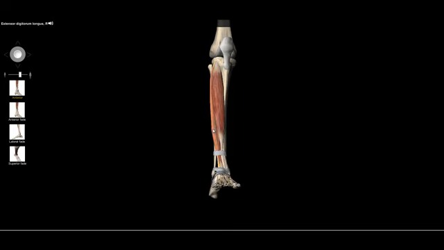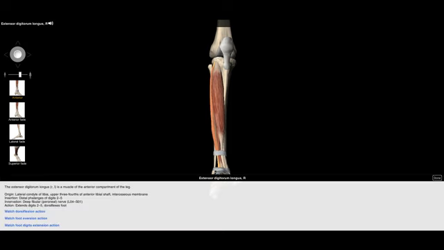The next one we want to take a look at is the Extensor Digitorum Longus. The Extensor Digitorum Longus has its origin on the lateral condyle of the tibia and the upper 3/4 of the anterior shaft. It also attaches to the interosseous membrane.